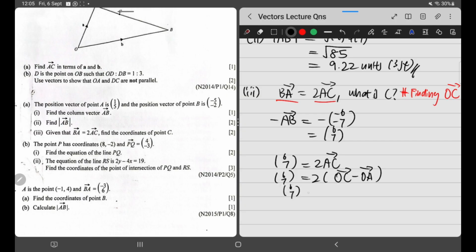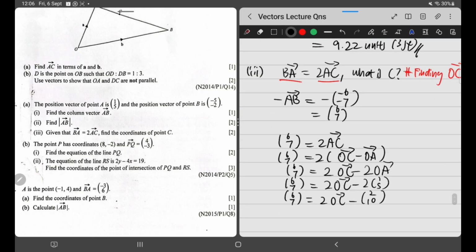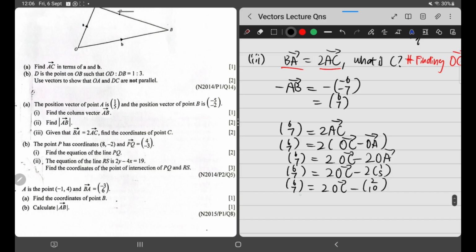So (6, 7) equals 2OC minus 2OA. (6, 7) equals 2OC minus 2(1, 5). So (6, 7) equals 2OC minus (2, 10). And then we can bring this to the other side. We get 2OC equals (6, 7) plus (2, 10).